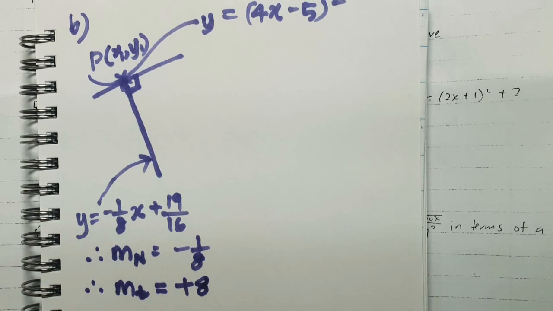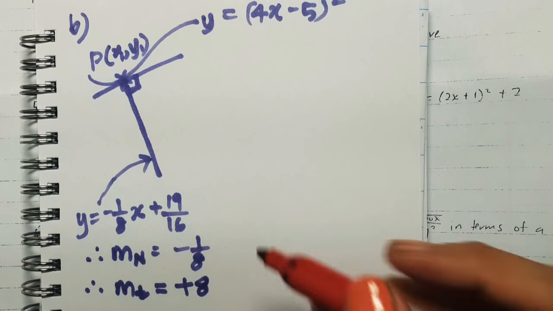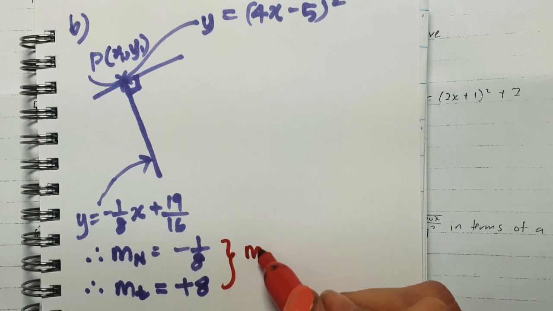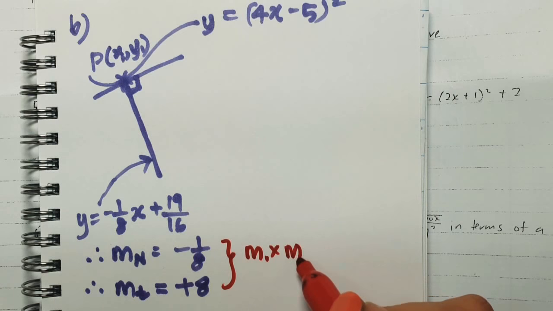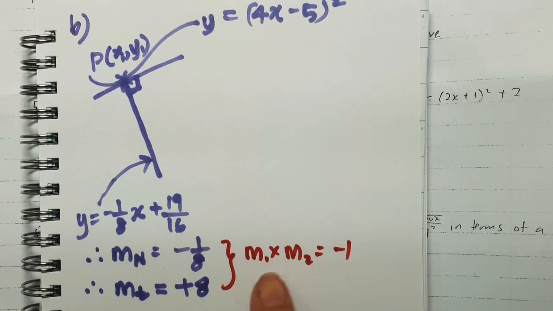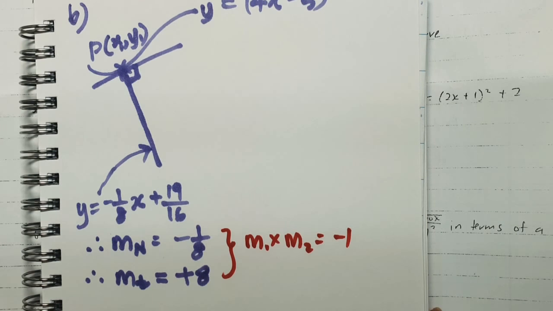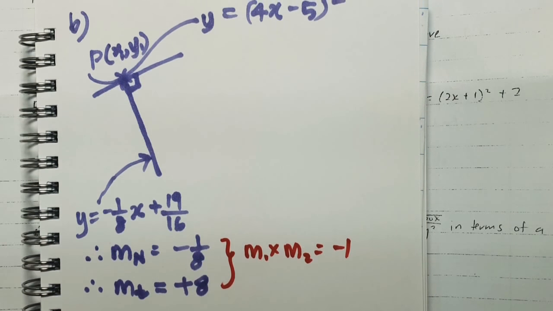It comes from the formula m1 times m2 equals negative 1, so one of them is the negative reciprocal of the other. We don't have to show this out, we just go straight to identify the gradient. So mt is the gradient of the tangent.